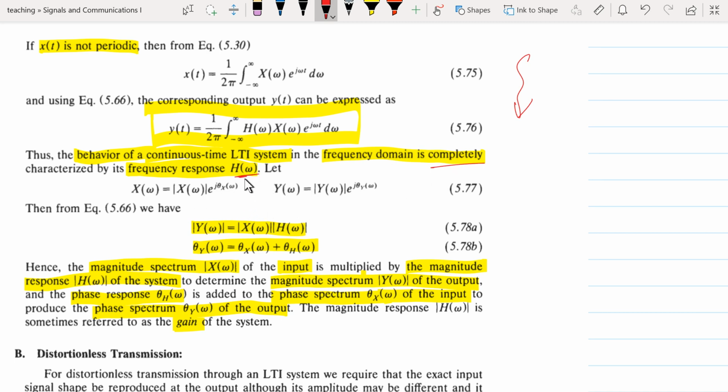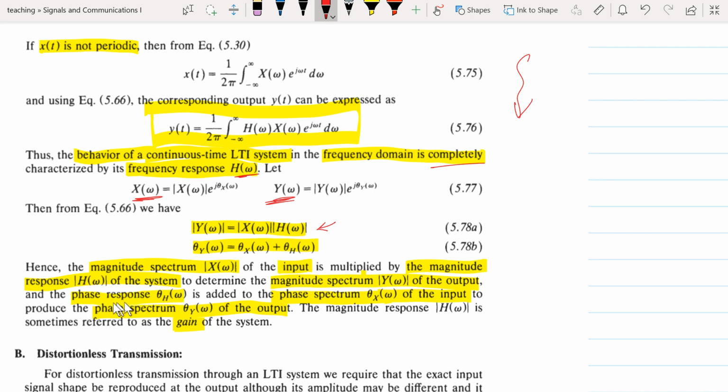And therefore, once we know H of omega, we can always describe the output Y given any arbitrary input X of omega. To sum it up, the magnitude response of the output is given by the multiplication of the magnitude response of the system and the magnitude spectrum of the input.